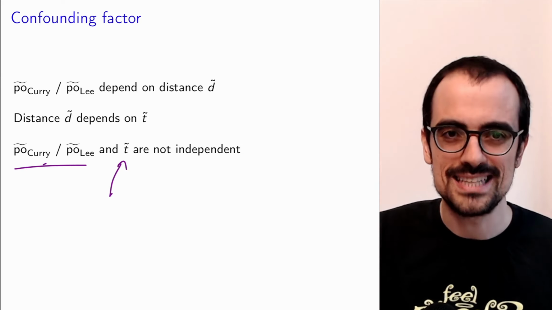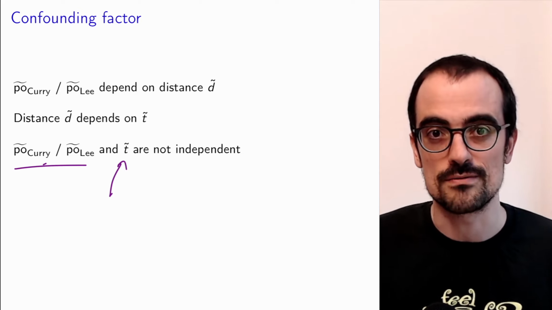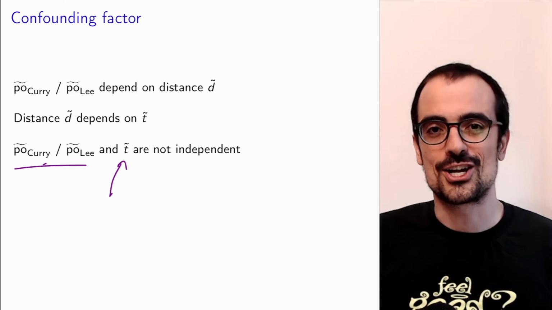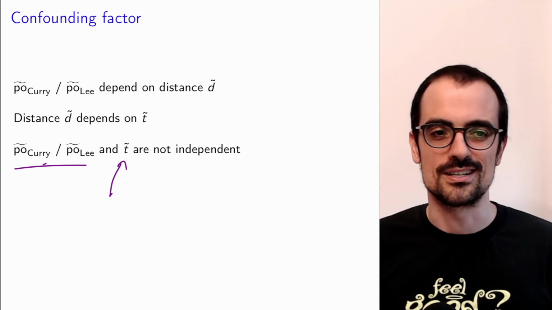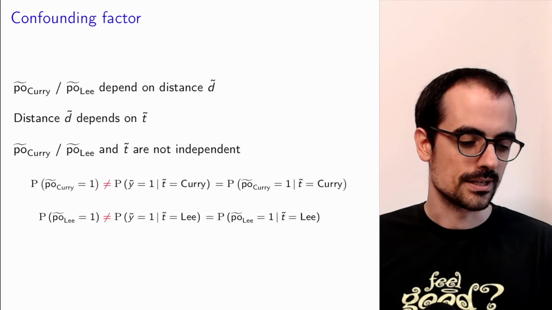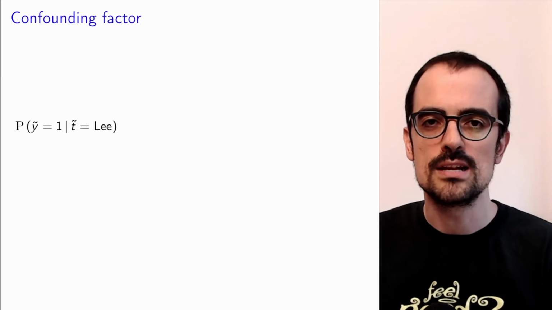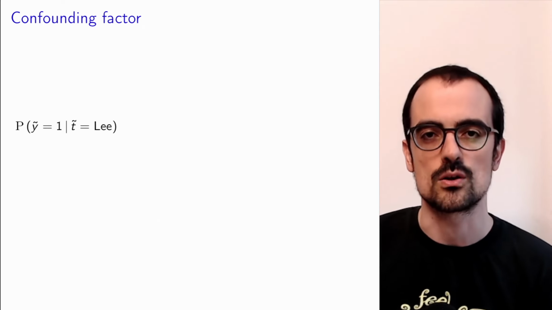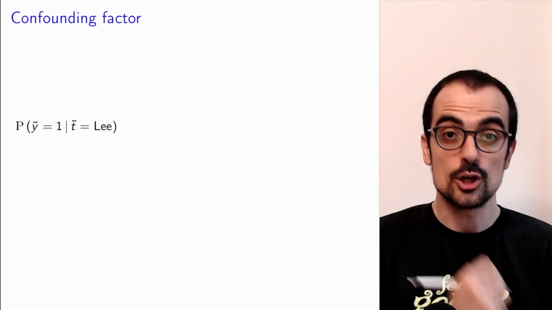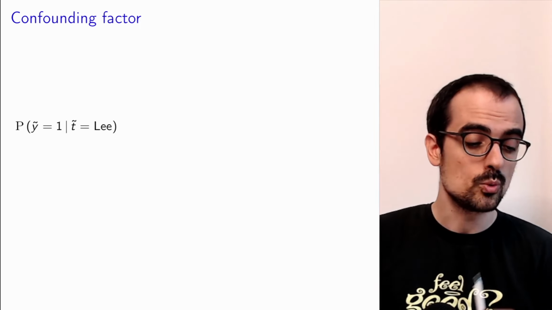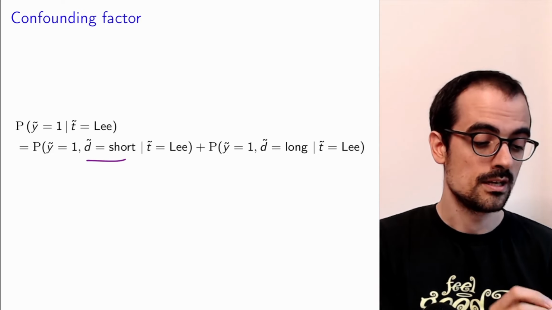So we cannot directly use these percentages that we're observing from the data to conclude that Curry is a worse shooter than Lee. We cannot do that. Let's make this really very clear, the effect of distance as a confounding factor. If we look at the observed percentage for Lee, we can separate it between the short threes and the long threes.